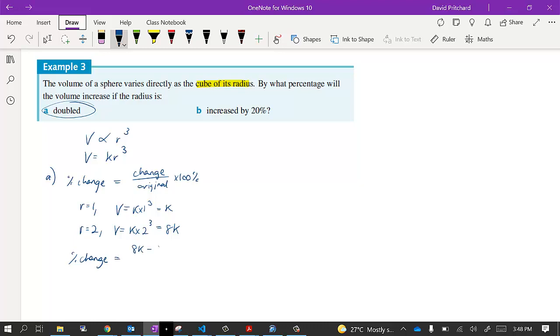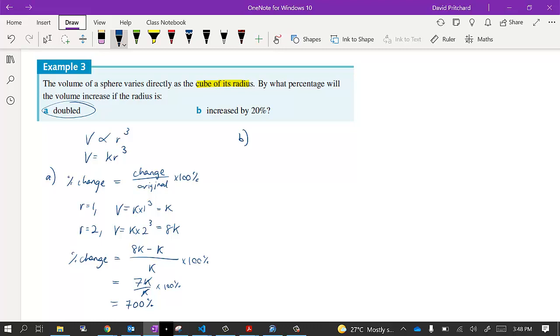So we've got 8K take away K over the original value, which is K, times by 100%. And that means we've got 7K on K times 100%. K's cancel. And that means our percentage change is 700%. So if we doubled the radius, then the volume will increase by 700%.